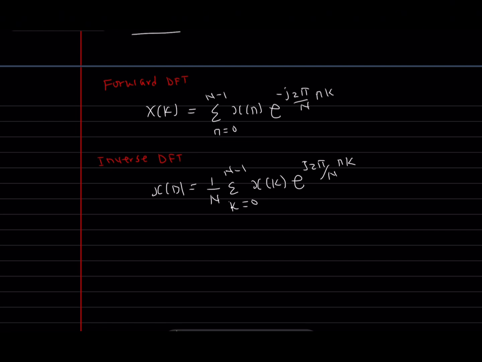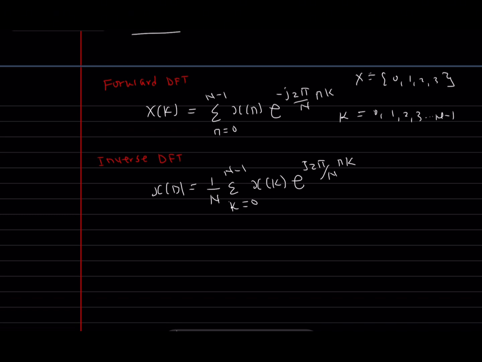So for the forward one, we can say that k is equal to 0, 1, 2, 3, and so on up to N minus 1. It's N minus 1 because if I have a sample, let's say 0, 1, 2, 3, over here, the total number of samples inside is 4.